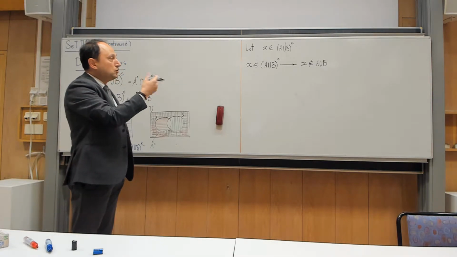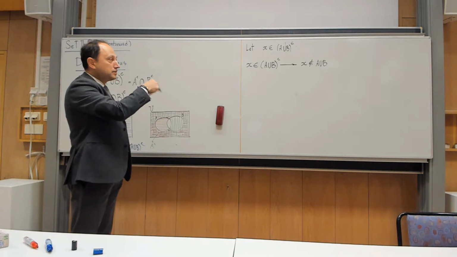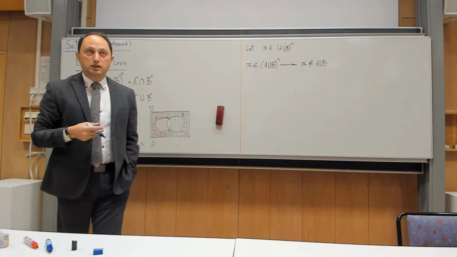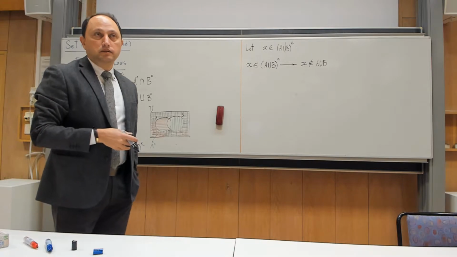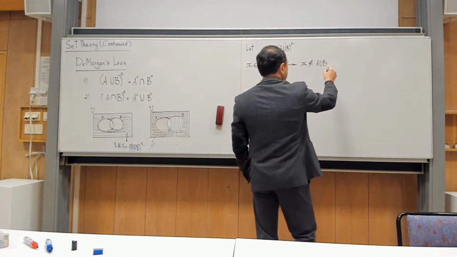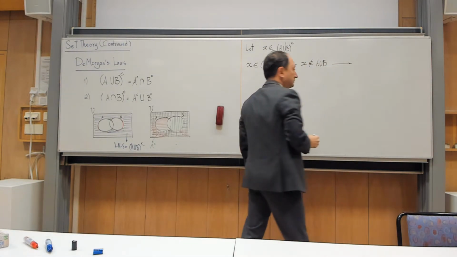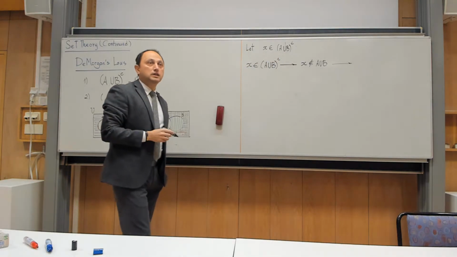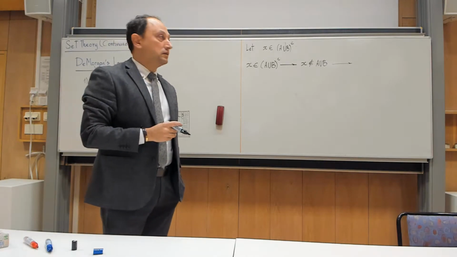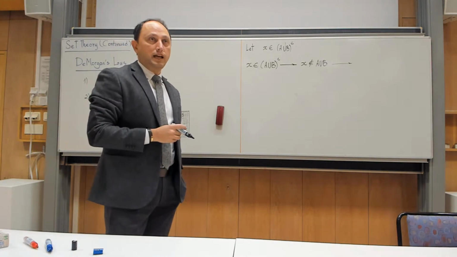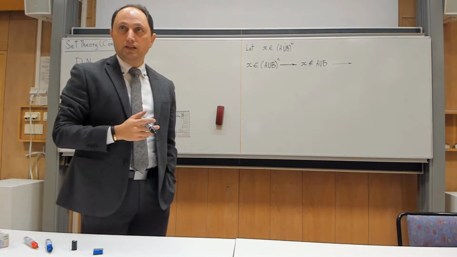But now you are telling me that X is not a member of the union of two sets. What would be the conclusion? Yes? X does not belong to A or B. No. And. It's important, yes?